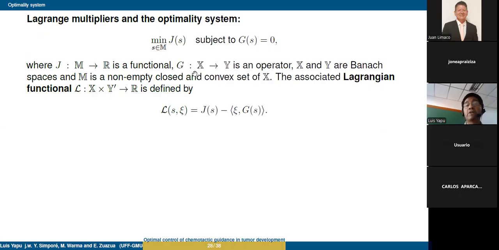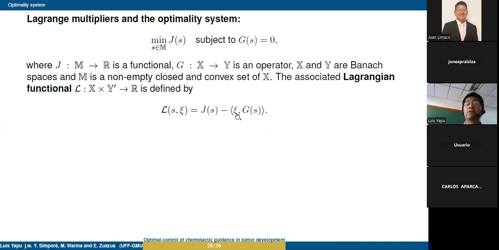So in general, we have some functional J and some abstract operator G between Banach spaces X and Y. We have our constraint, our PDE, and the cost function.